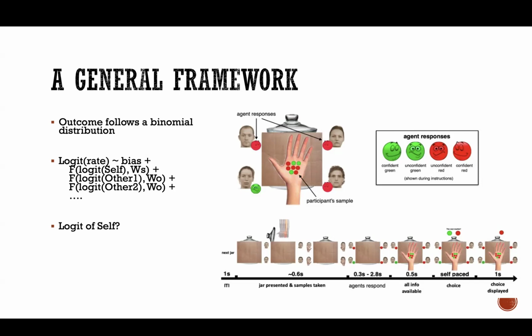Or a number between 0 and 1. With a twist. If you have 8 marbles and all 8 of them are green, the proportion of red marbles is 0. What's the logit of 0? Minus infinity. If you put minus infinity in any equation, it's going to crash.